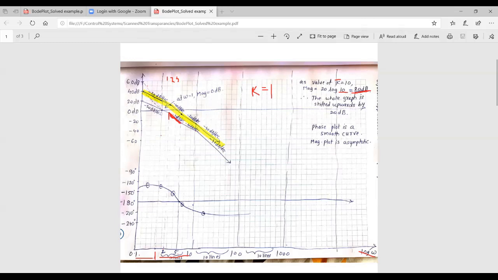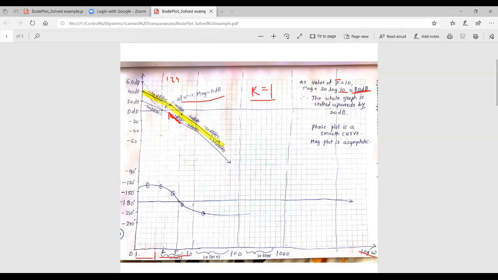Now, once magnitude plot is ready, okay, this magnitude plot is for K equal to 1. But in our problem, we have K equal to 10. That means 20 log of 10 is equal to 20 dB. So this whole graph is to be shifted upwards by 20 dB, and that we can do at omega equal to 1.